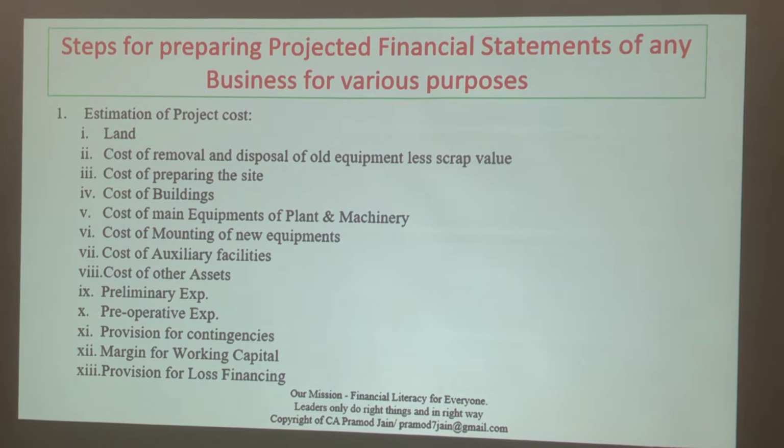So the first step in making the projected financial statement is to do the estimation of project cost. That means every component that will form part of the project you will need to identify, and you will also need to identify what is the amount that you're going to incur on each of those items.